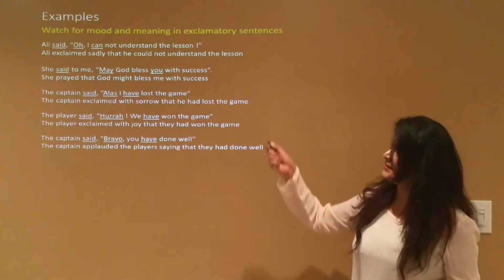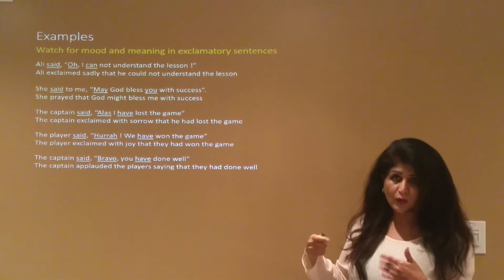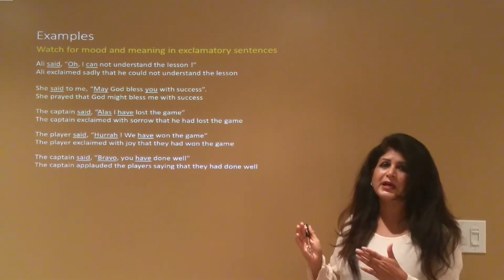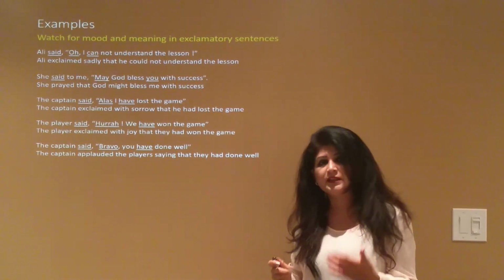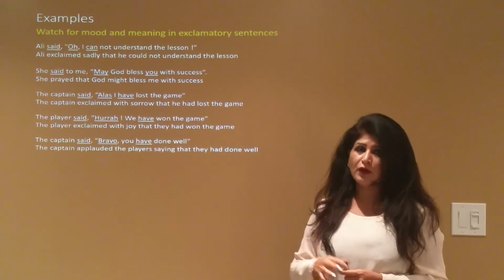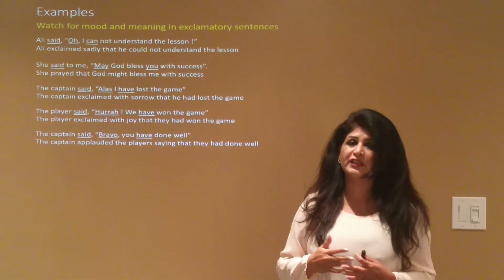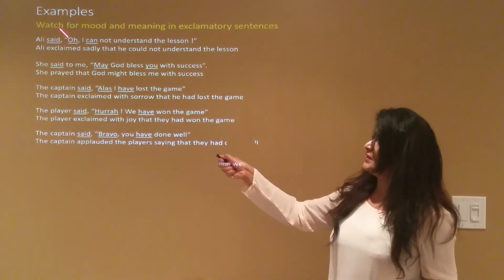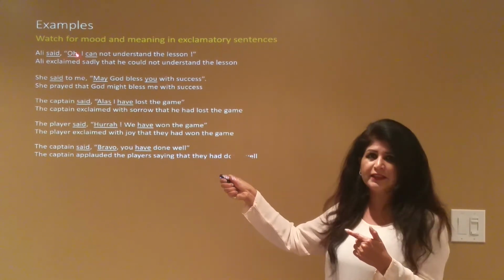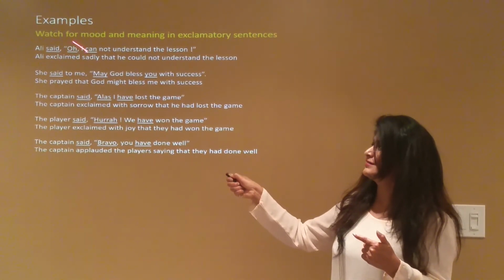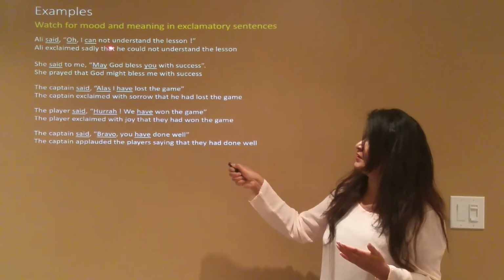Now let's take this set of examples here. Again I would say that you have to keep in mind the mood of the speaker. That is really important, and you have to convey the exact meaning. And rule of thumb is every time you come across a sentence that needs to be converted, first thing you have to look for is the reporting verb, just underline it, and this defines mood too, and you will replace it with an expression.